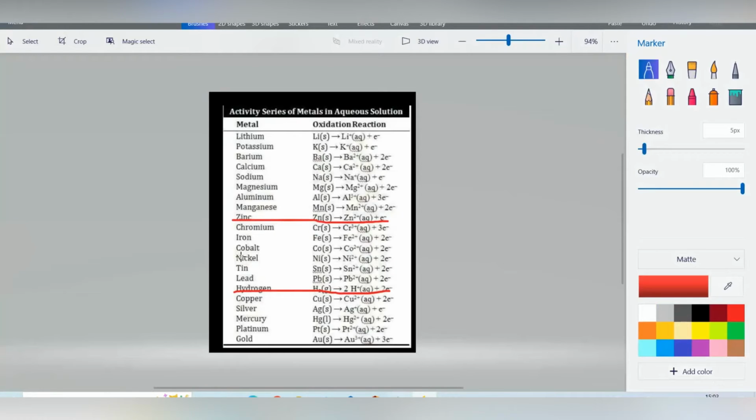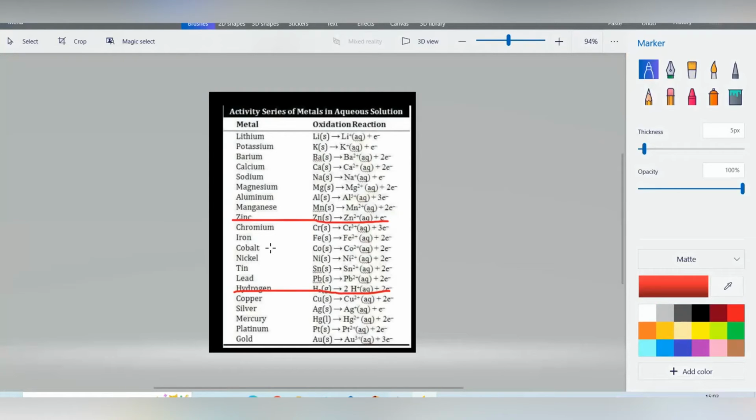So zinc was able to replace hydrogen because in this series it is above hydrogen. That was the sentence I was trying to tell you. If the reaction is between aluminium and calcium, calcium can replace aluminium, but aluminium cannot replace calcium. Why? Because aluminium is below calcium in the series. That's what it meant to say.